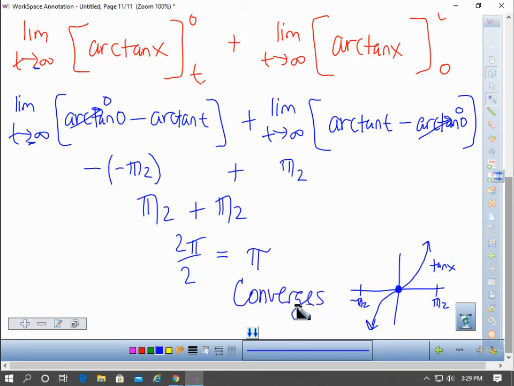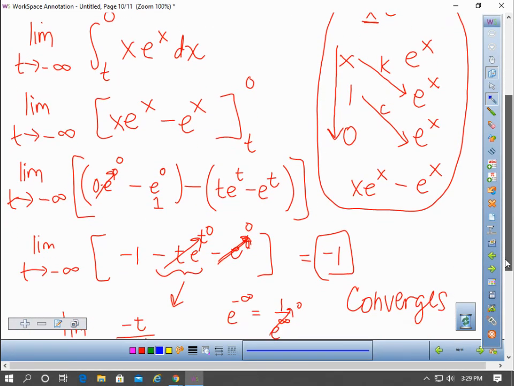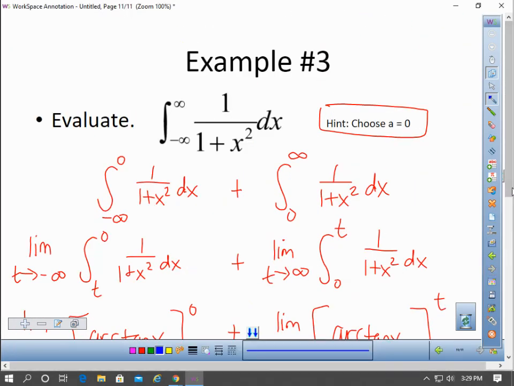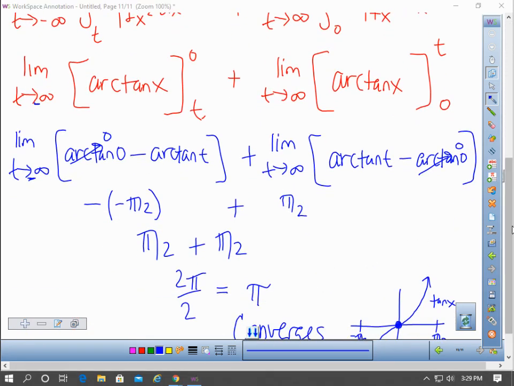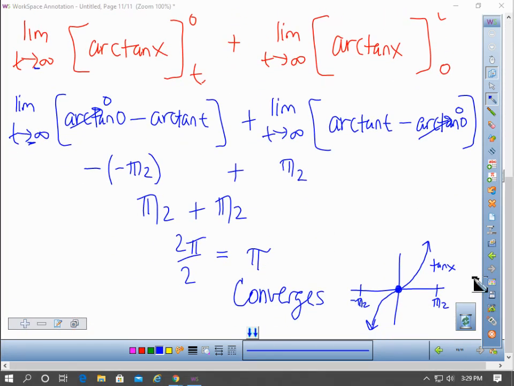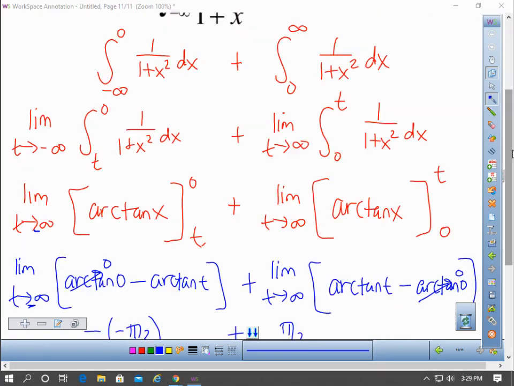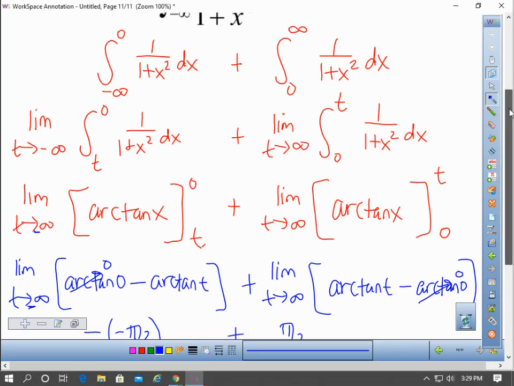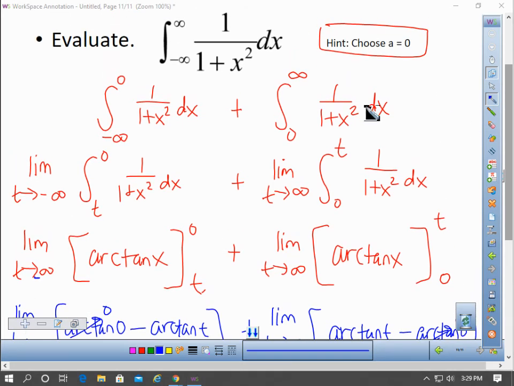That means this converges because I actually got a numerical answer. Both of these last two converged because I was able to find a numerical answer. This last one was negative 1, and this one was pi. Since I was able to actually calculate an answer, it converges. So each time you're doing these problems, you're always going to replace your infinity with a t and do a limit.